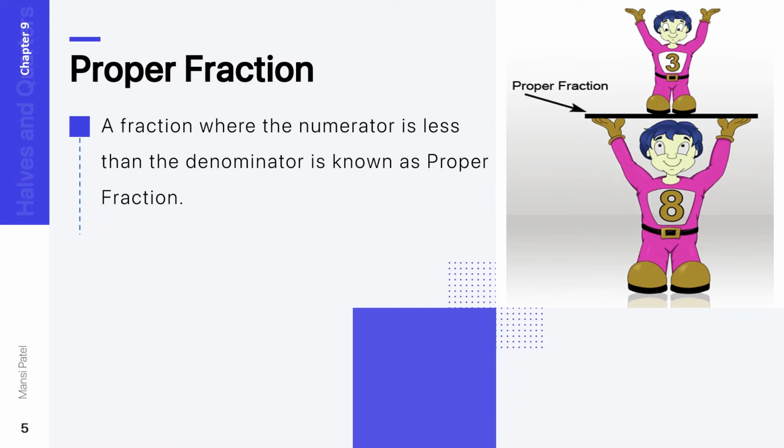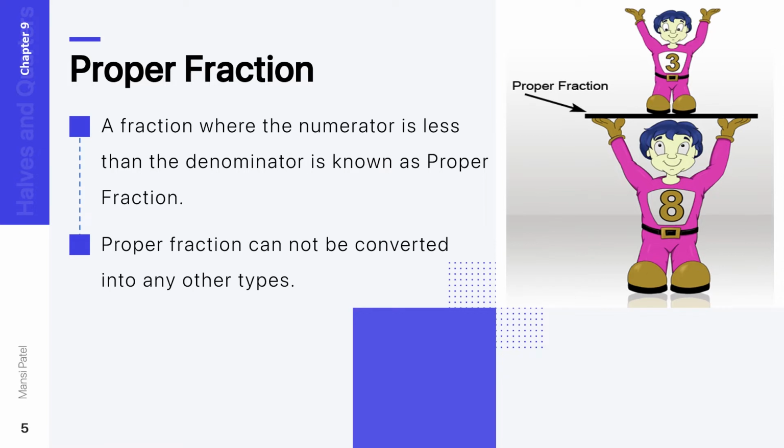Always your numerator is smaller, and we cannot convert a proper fraction into any other type of fraction. Why can we not convert it into any other type of fraction? Because the proper fraction is known as the perfect fraction.